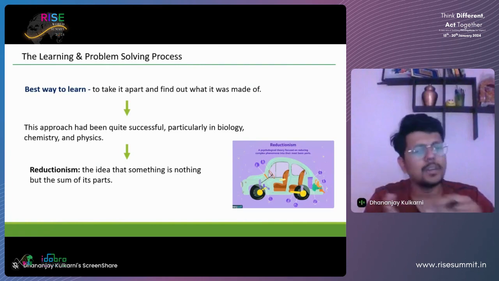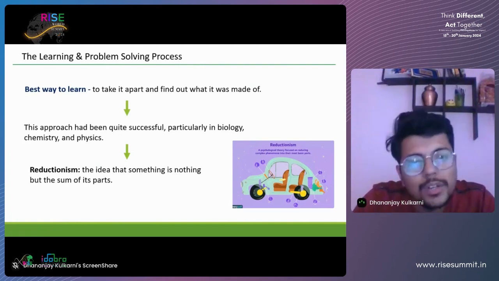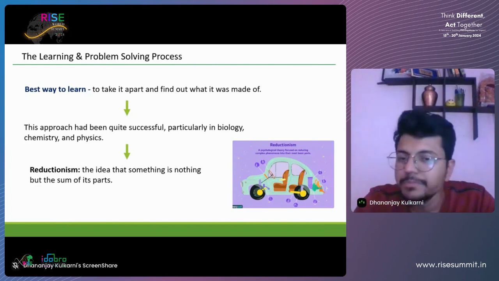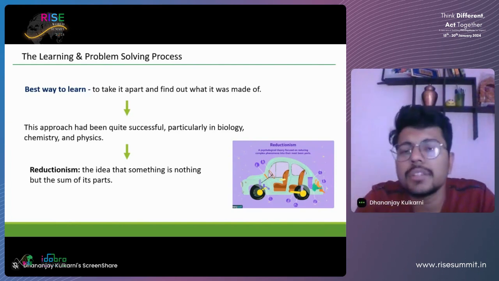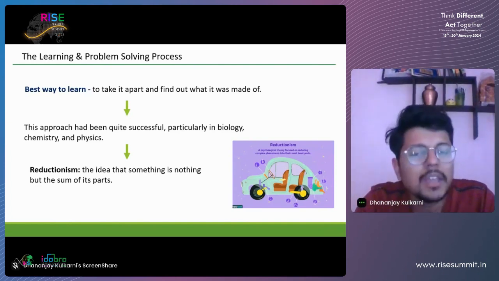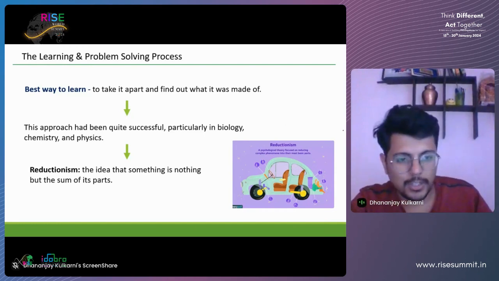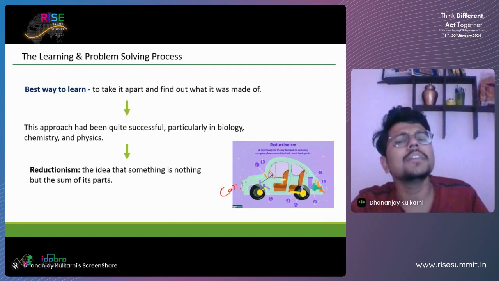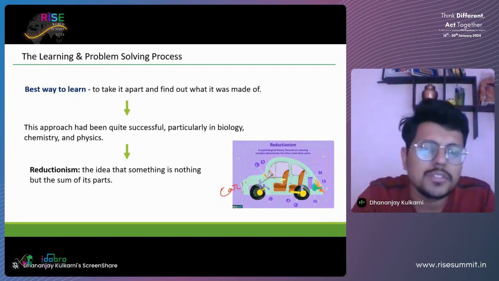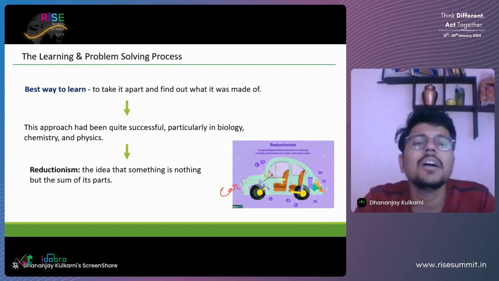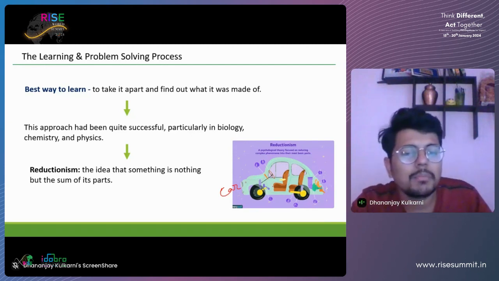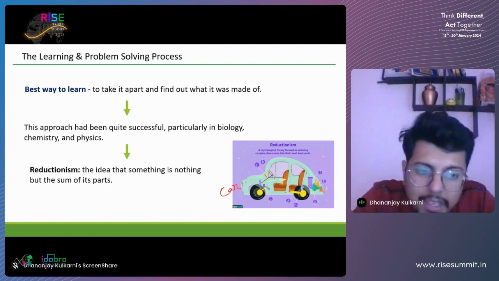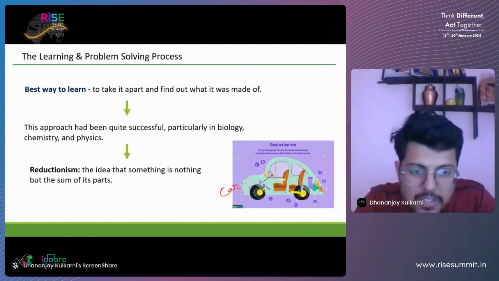But as with any good thing, if you overdo it, it will not be beneficial, right? The same thing happened with reductionism as well. As you can see on the screen, let's say this is a car, and it is made up of multiple systems like the engine, which is a complete system, then the braking system, then the suspension system.